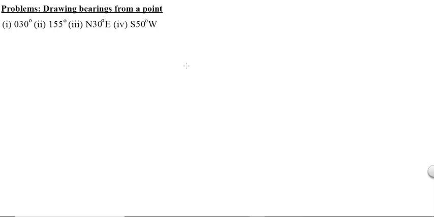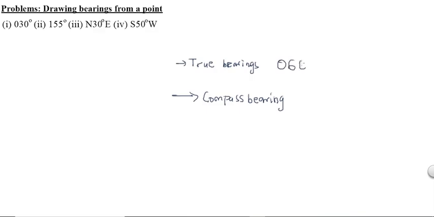Whenever you are dealing with bearing, since you are dealing with measured angles, there are two kinds of bearings you are going to see. One of them is called true bearings. The second kind you are likely to see is called a compass bearing. For true bearings, you are likely to see something in the form of 060, or say 056 degrees, or 070 degrees, or let's say 300 degrees.